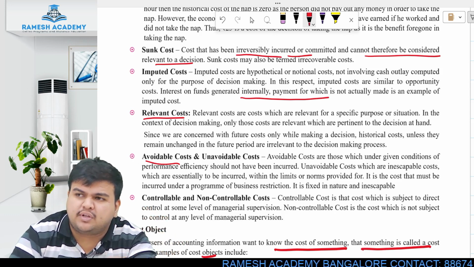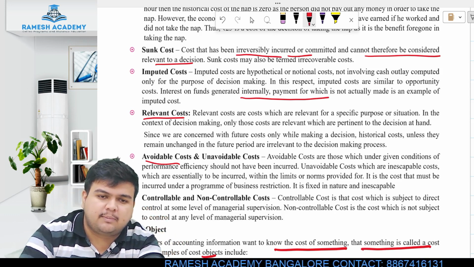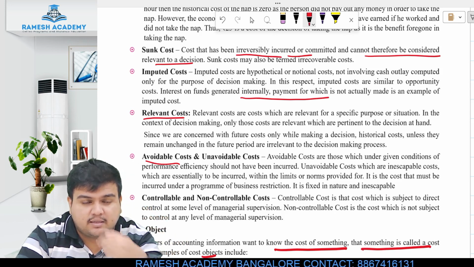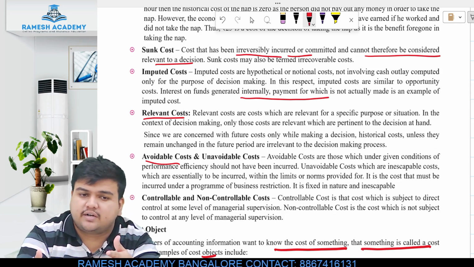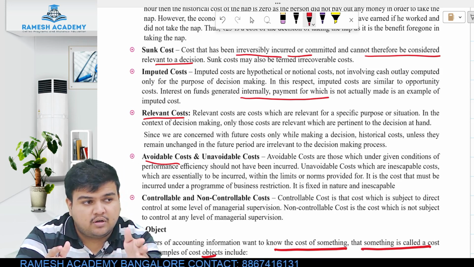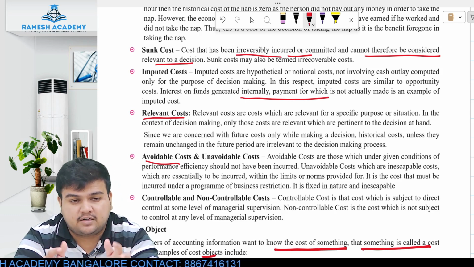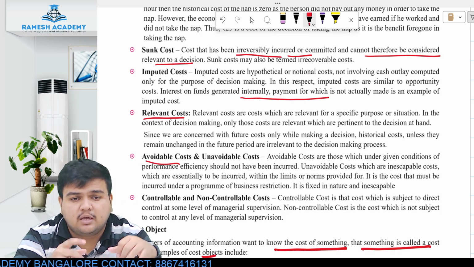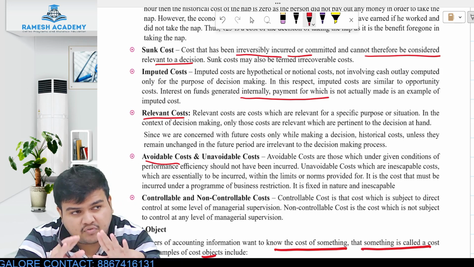Unavoidable cost, for example, evaporation. Now you keep petrol, so a certain amount of petrol will evaporate. You cannot stop that by any measure, but you can prevent it from leaking out. You can get a better container, good quality drums, to stop the oil from leaking out. But some part of the oil will be evaporated.